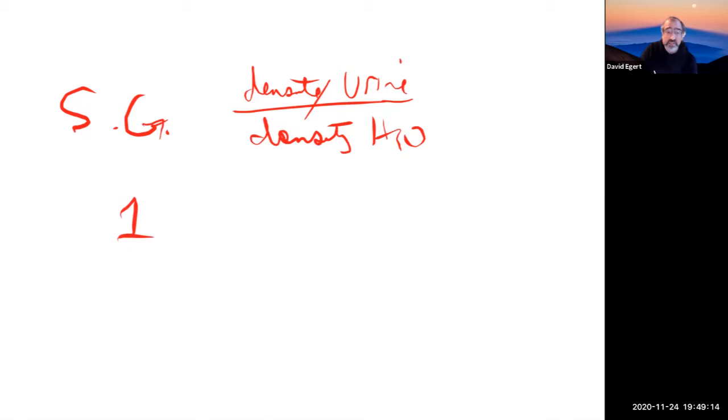If the density is higher, then the specific gravity will be greater than 1. And I mentioned the values tend to go like very salty urine is more like 1040 or something. It looks like a little number, but that's considered a big number in specific gravity.